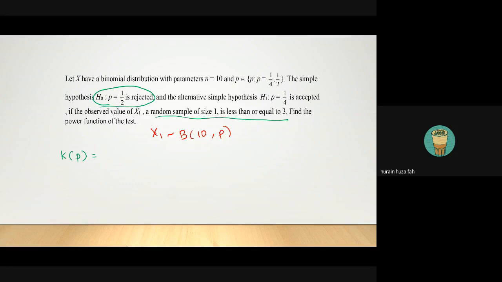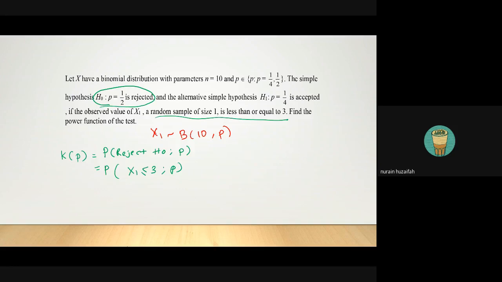So K(p) is the probability of rejecting H0 under whatever parameter, let's say p here. It will reject H0 when you have X1 less than or equal to 3, under parameter p.